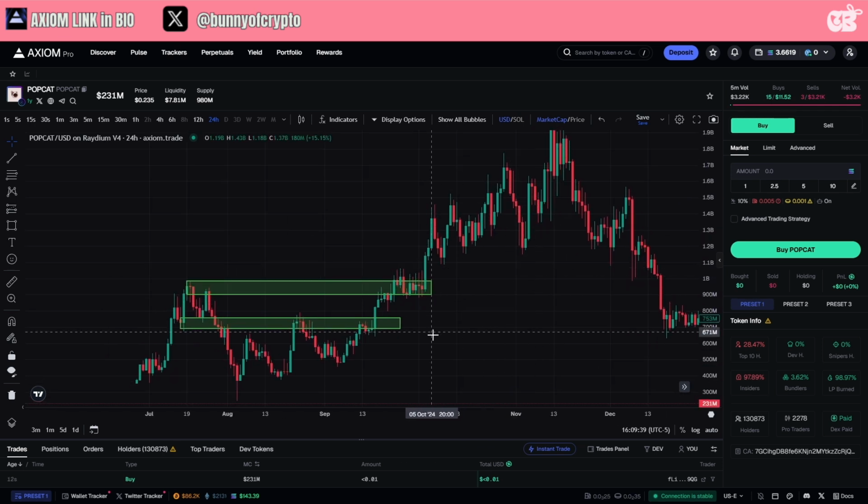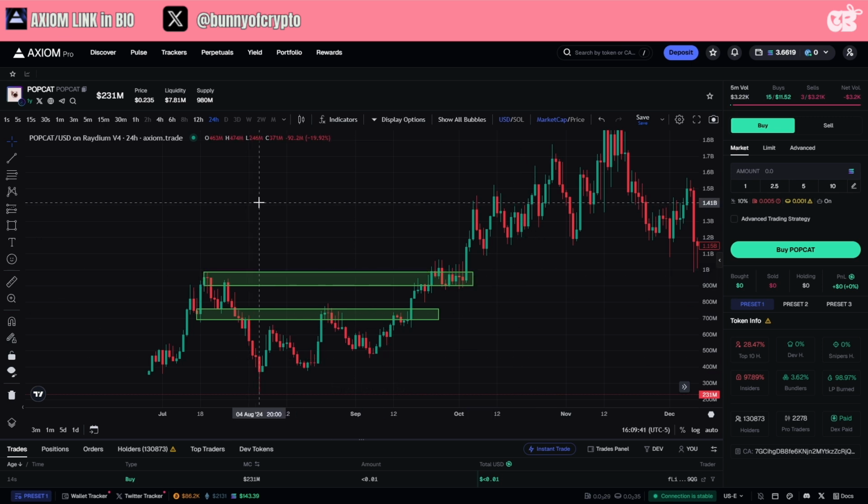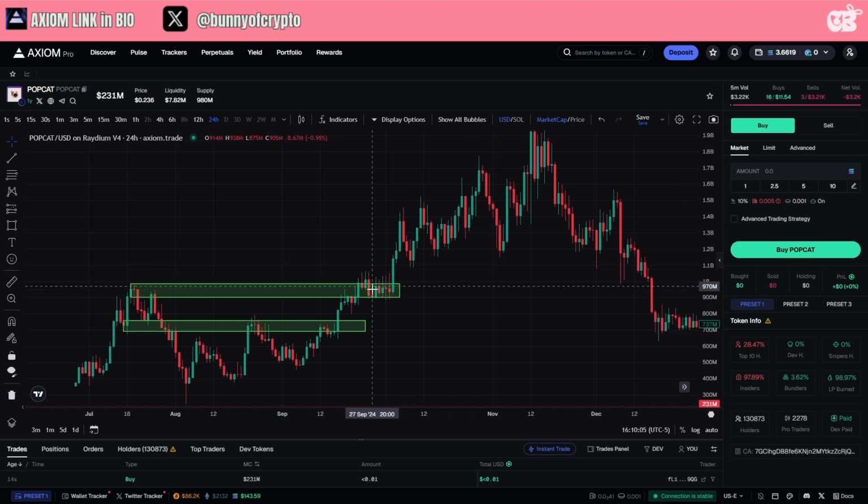And so this is just a quick example, once again reiterating the fact that resistance can be used in multiple ways. It can be used to take profits and find areas to take profits. And also it can be used as an area of future support. So when resistance gets broken, it's used as support and as an incredibly strong price level for price to move higher.